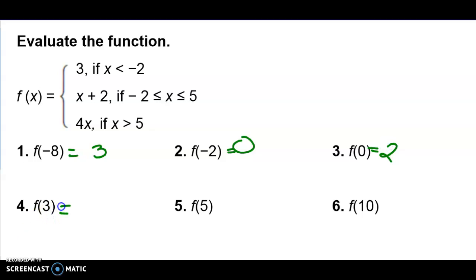F of 3 is still in the second domain. It's between -2 and 5. So 3 plus 2 is 5. F of 5 now is 5 plus 2. And last but not the least, f of 10, now that's greater than 5, so follow the last expression. That's 4 times x, so the answer is 40.